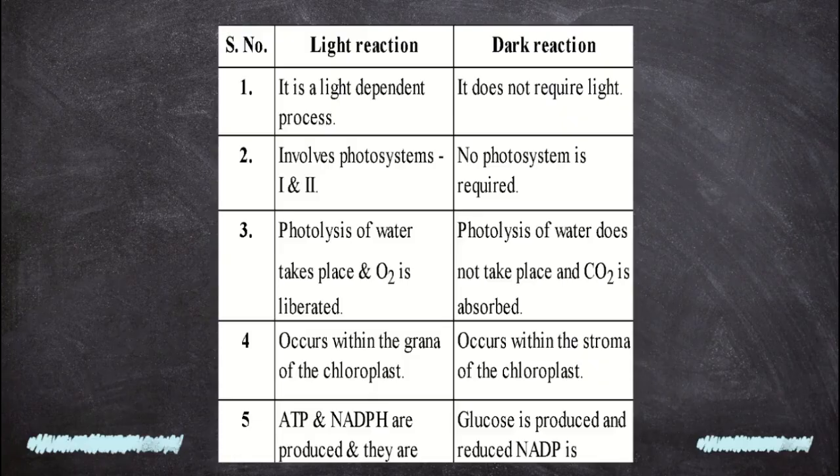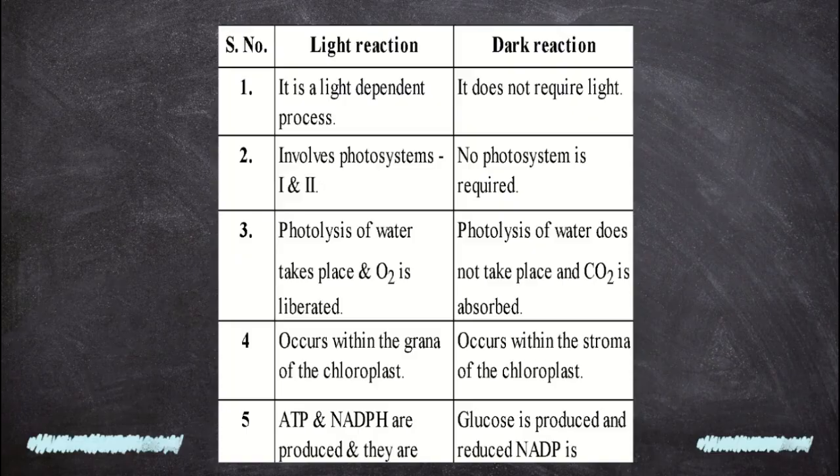This occurs within the grana of the chloroplast. The grana are stacks of discs, and those discs are called thylakoids. In the end, for the light dependent reaction, ATP and NADPH are produced.